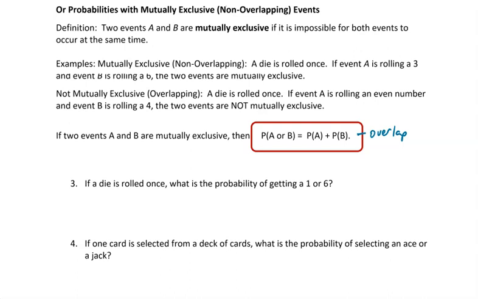It's the same exact formula, just for mutually exclusive events, the overlap happens to be 0. So if you always use the regular OR formula, then it'll still work for mutually exclusive events. You'll just have 0 for the overlap. That's what I'm going to do the majority of the time. I'm still going to put minus the overlap. And if it happens to be 0, we'll know they're mutually exclusive, so no big deal.